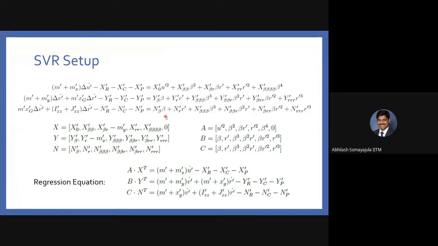If I can express Y_beta_beta in terms of Y_beta and Y_r, then essentially Y_beta is not Y_beta but Y_beta plus something more. And the regressor is simply not able to find out how much contribution is due to that term and how much due to the third order term.